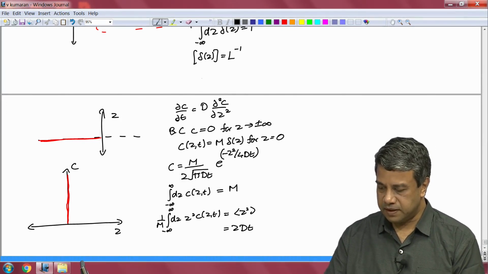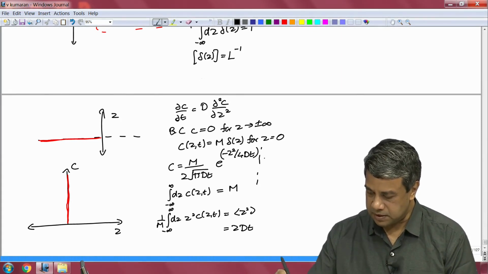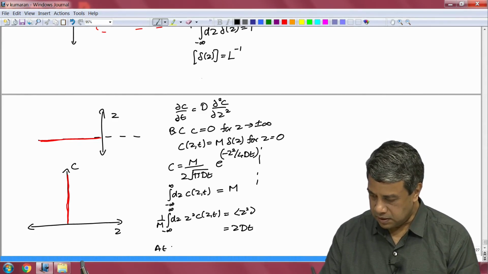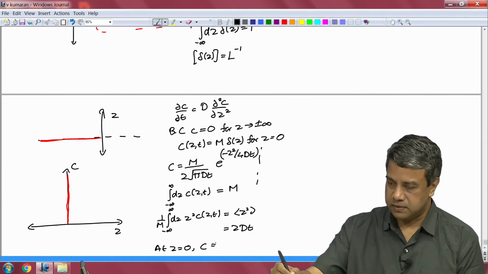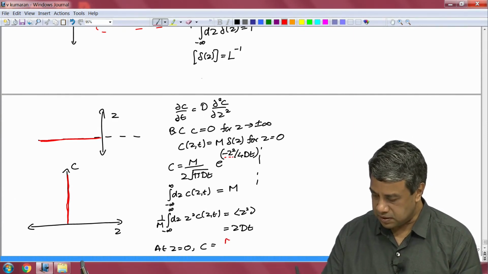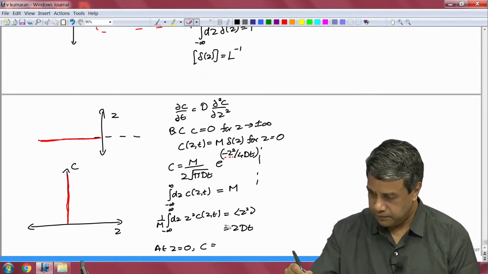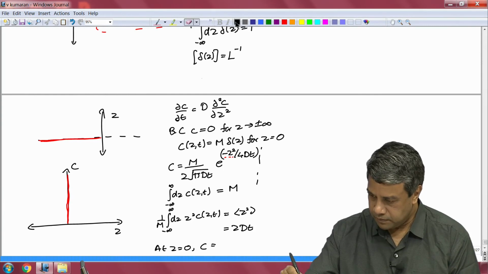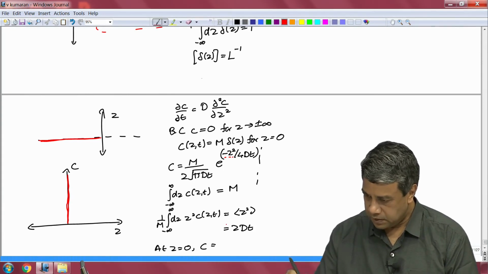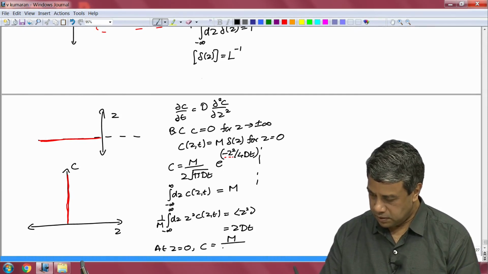And you can easily verify that as time progresses, at the center z equal to 0, the exponential is 1. The concentration is m by 2 root of pi Dt.